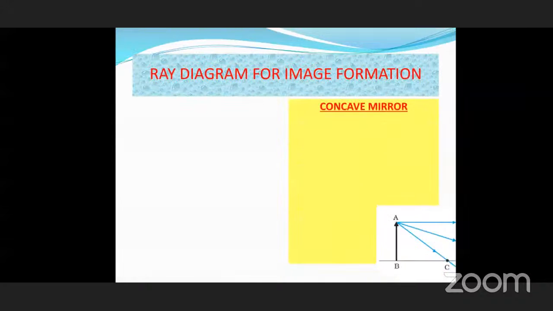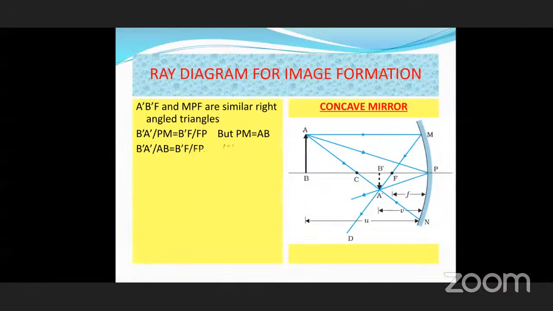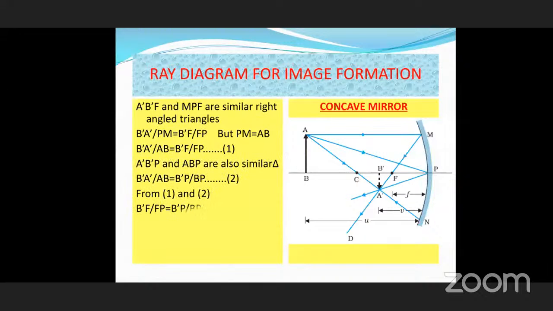Now let us see the ray diagram for image formation. Here you can see this is a concave mirror. P is the pole. It is better for all students to draw this diagram, because every time I can't show it. Once you draw this diagram, where is P?